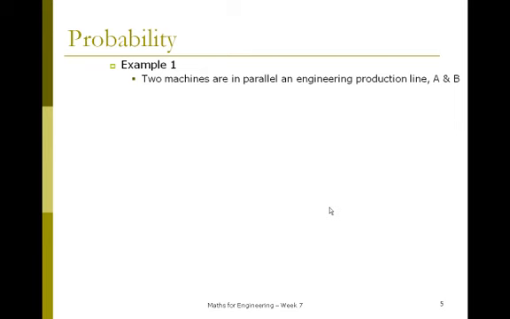Example 1. Two machines are in parallel in an engineering production line.